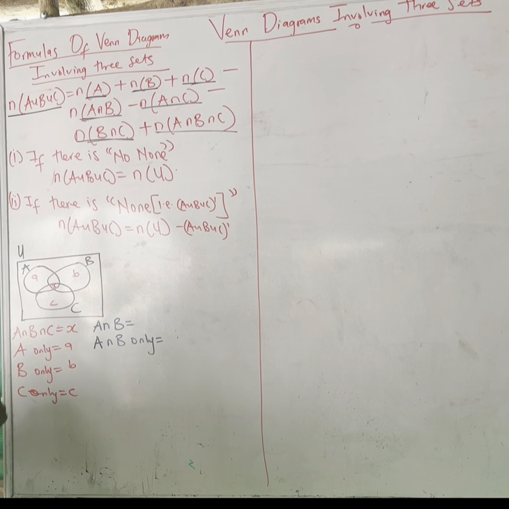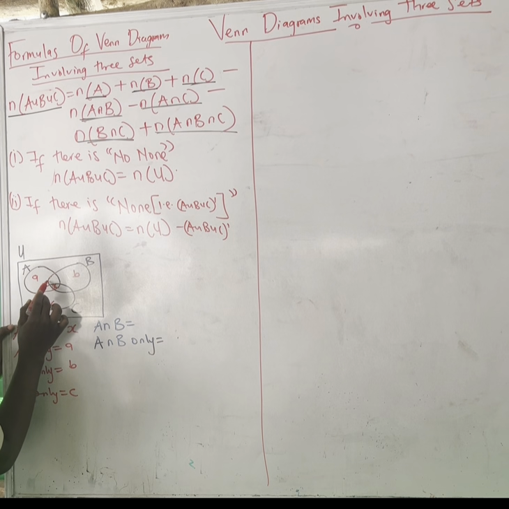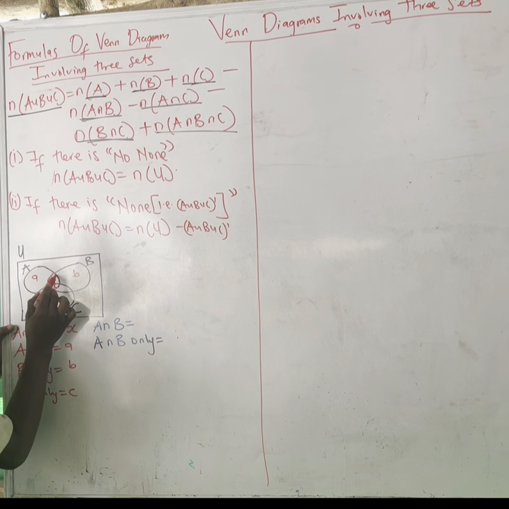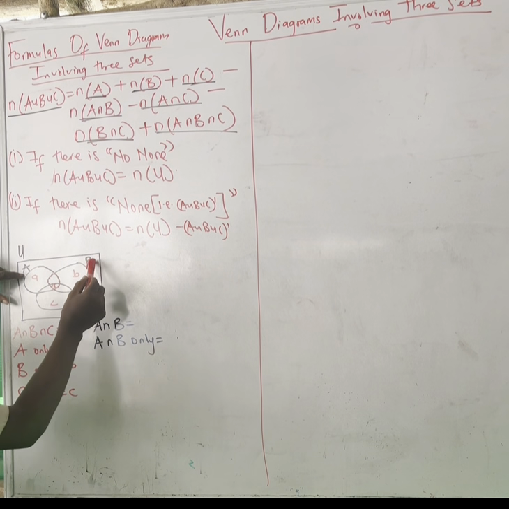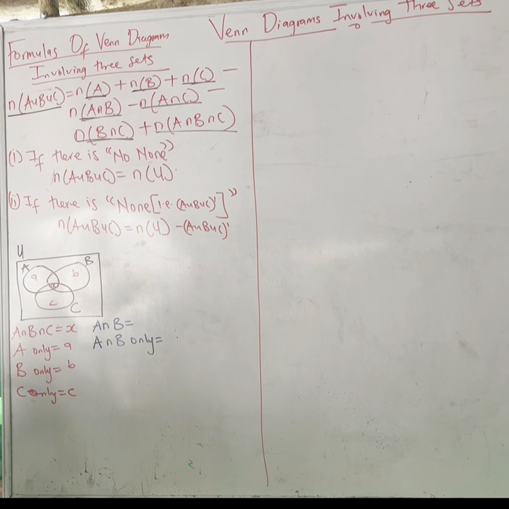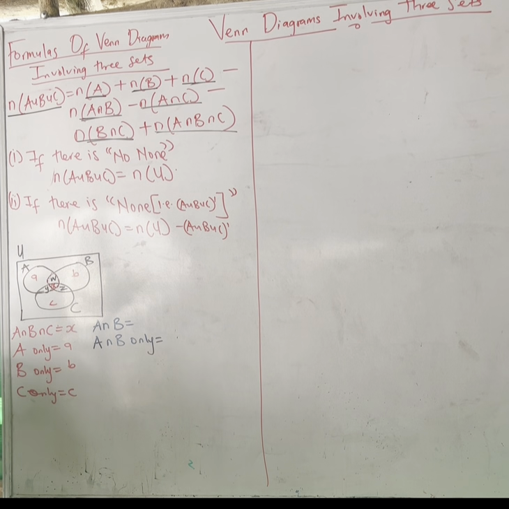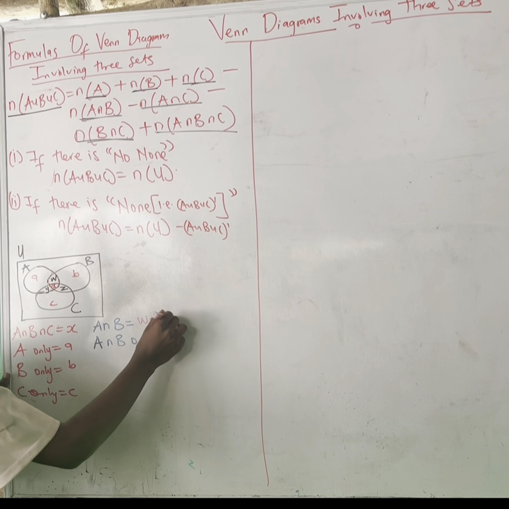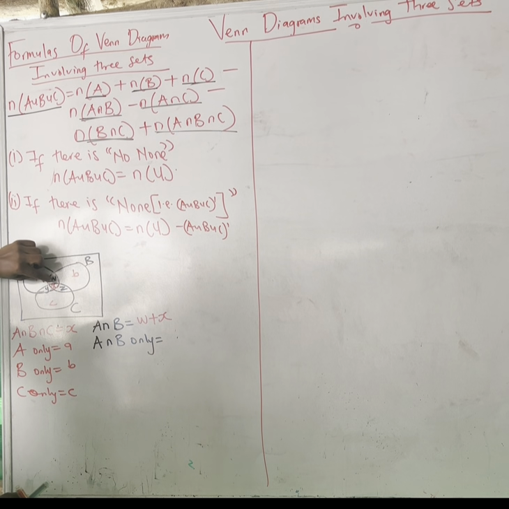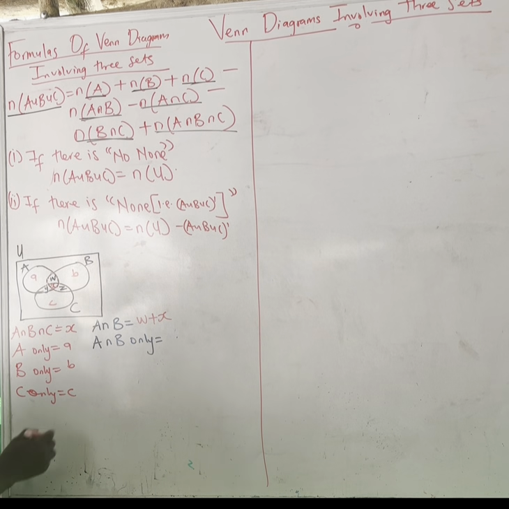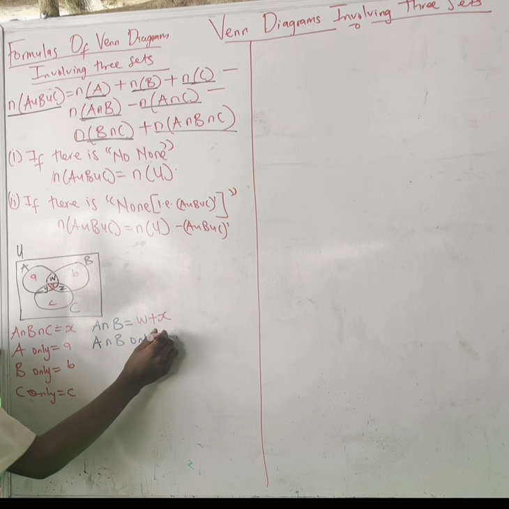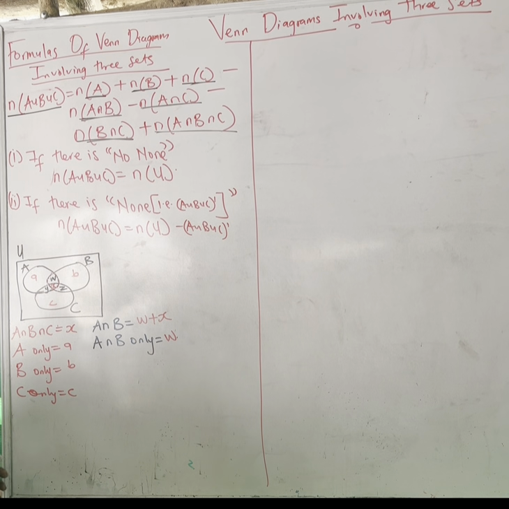If you check this very well, we are going to see that these parts represent A intersection B. Let me represent these as W, X, Y, Z. You see, W plus X represents A intersection B. So I can say that A intersection B is W plus X. But you see, this W is only for A and B. So this simply means that my A intersection B only is going to be this part, which is W.